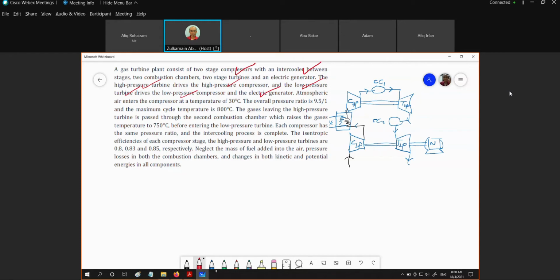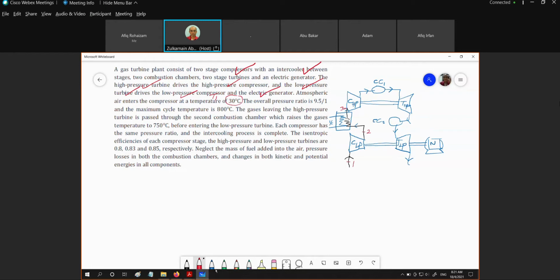And now we try to look at all the parameters given. So atmospheric air enters the compressor at 30 degrees C. So this should be our T1. Okay, our T1. So let's say this is our state 1. Let's put our state 2. This is our state 3.